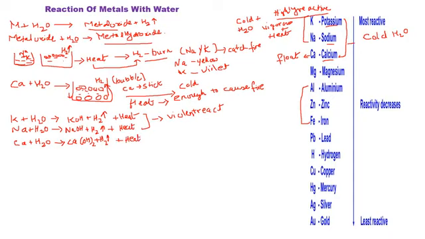Heat is also released, but it is not that much, so it does not cause the hydrogen to catch fire. In fact, the hydrogen should catch fire first. So the heat is not sufficient.